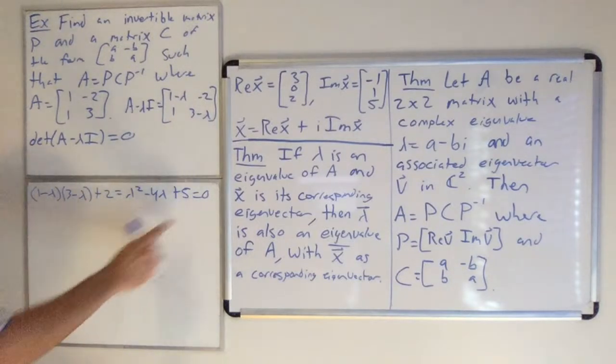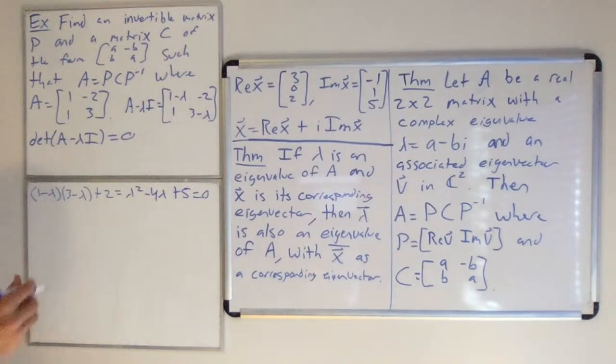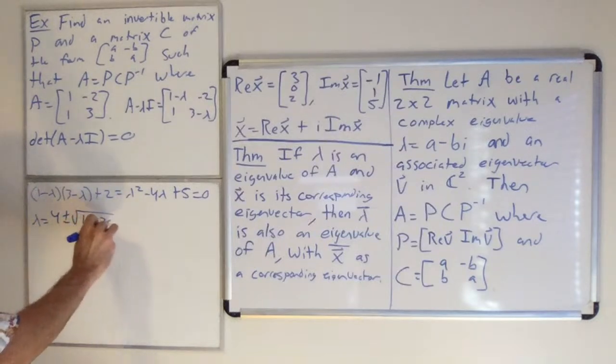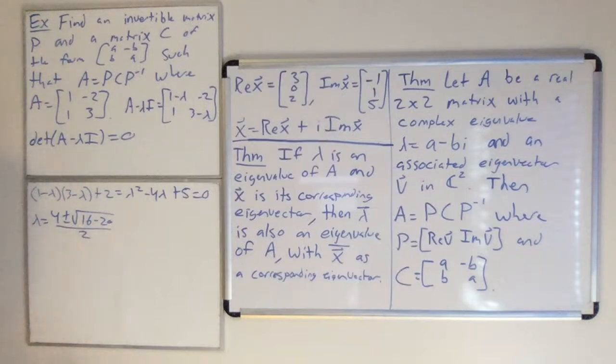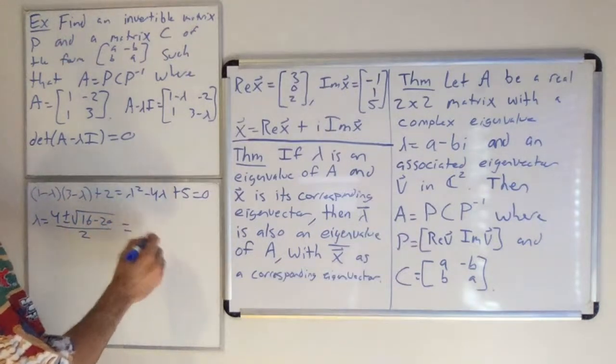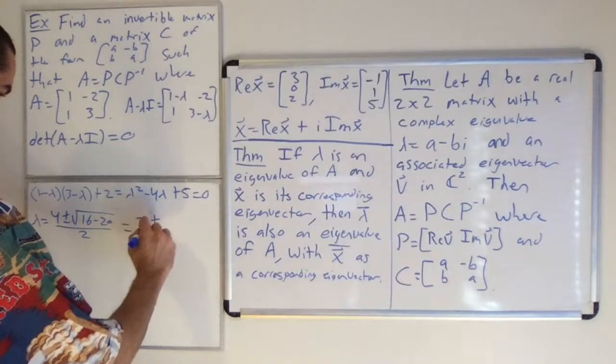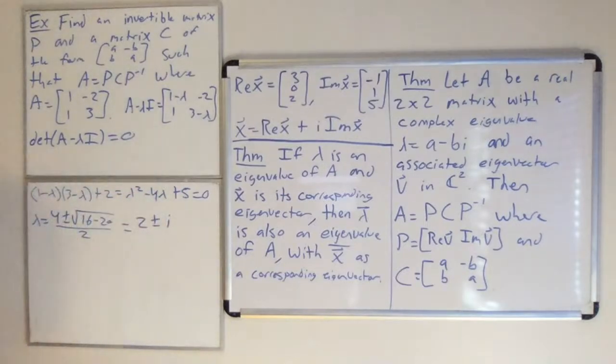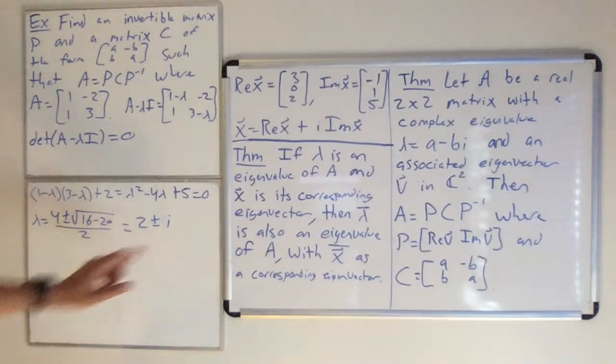The way we solve this quadratic is with the quadratic formula. Lambda equals 4 plus or minus the square root of 16 minus 20, over 2. Which you can do the math. It simplifies to 2 plus or minus i.